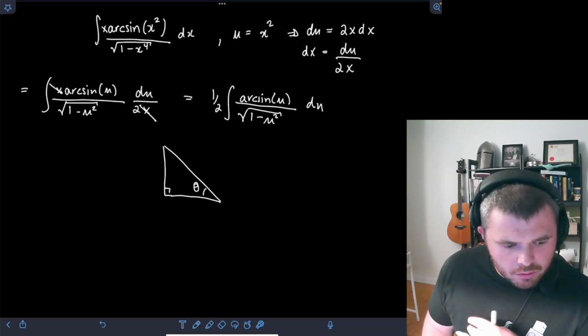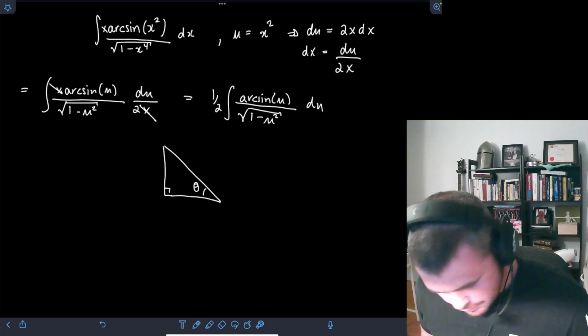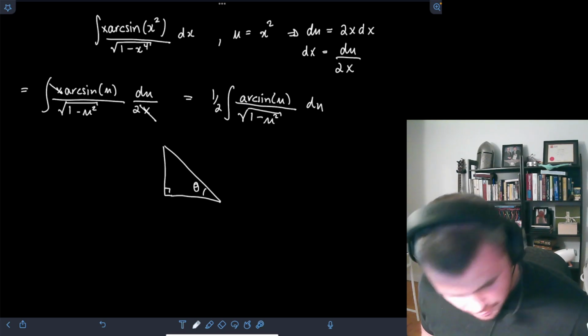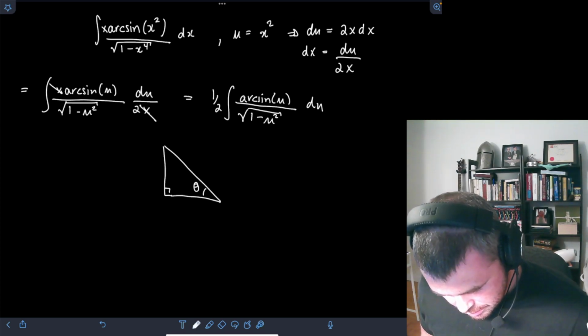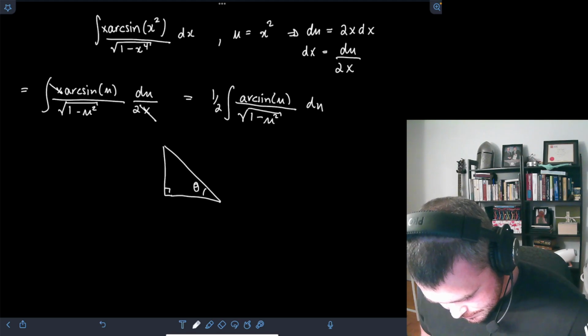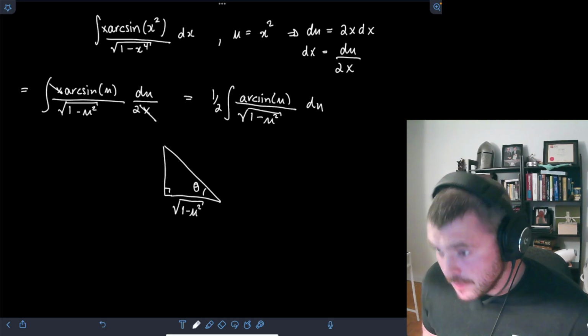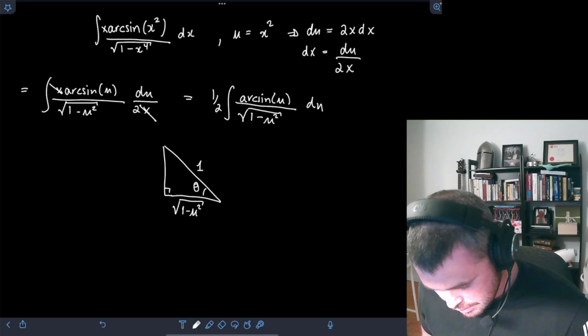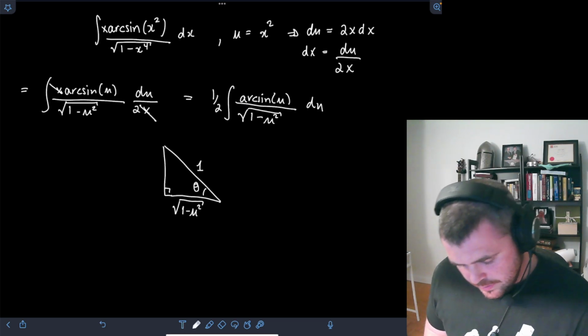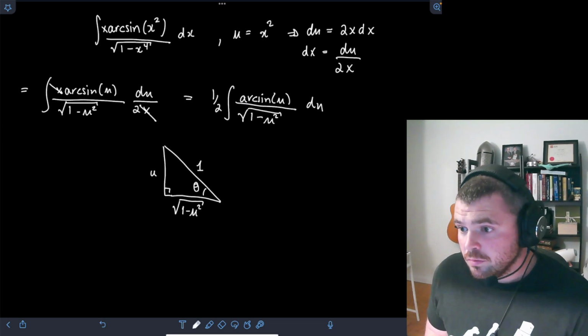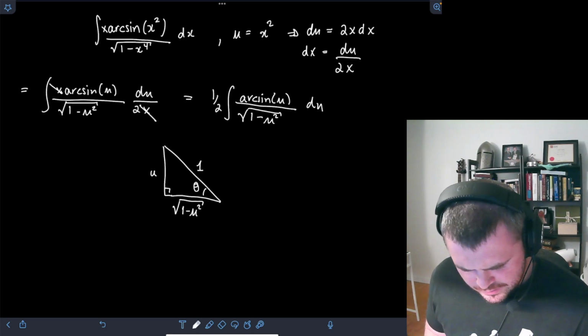So we'll say that this is the square root of 1 minus u squared, and therefore the hypotenuse has to be 1, and the opposite has to be u.